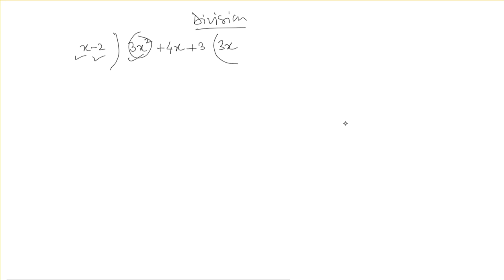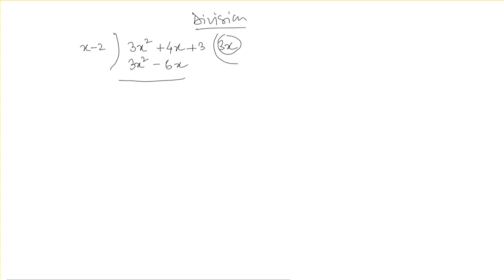We get 3x square minus 2 times 3x, that will be 6x. 3x multiplies x and 3x multiplies minus 2. When 3x multiplies x, we get 3x square, and thereafter when it multiplies with minus 2, we get minus 6x.